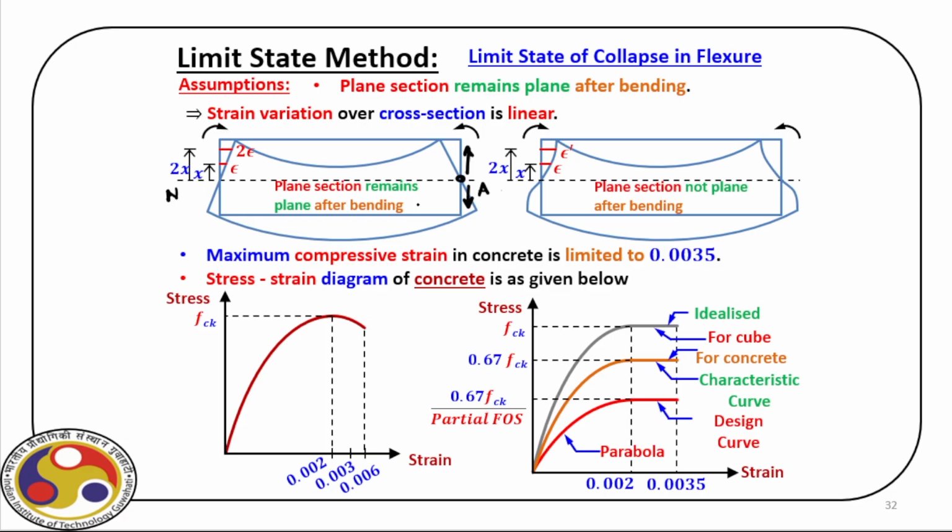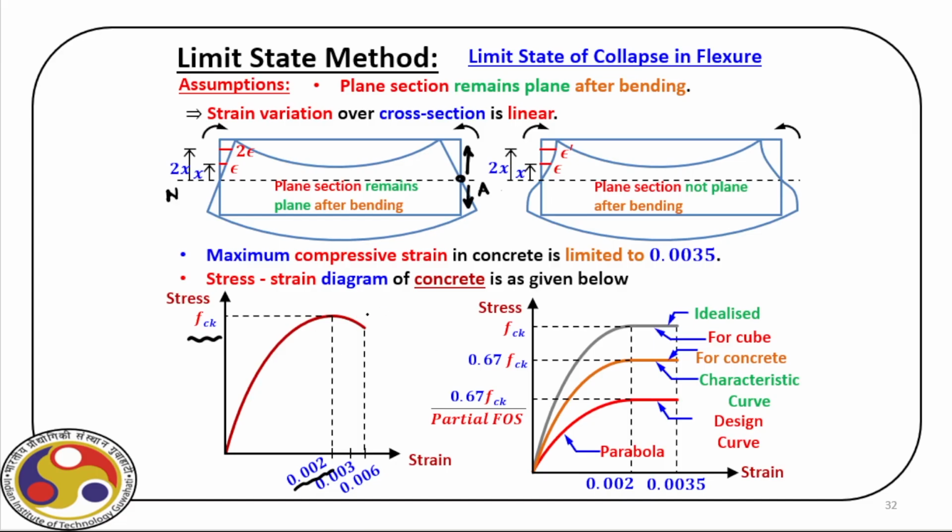Not only that, we have the stress-strain behavior for concrete. If you recall, it is the fck value corresponding to this 0.2% strain. In the case of steel, we will consider it in a minute.